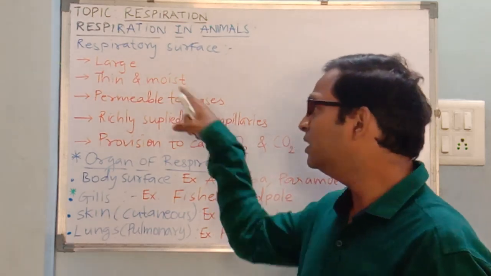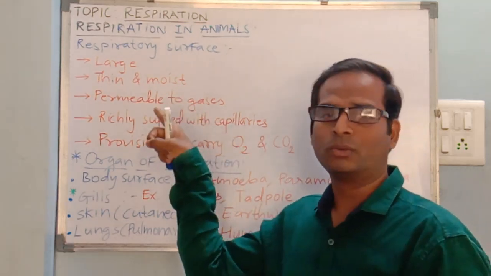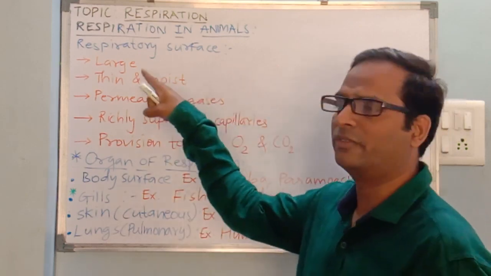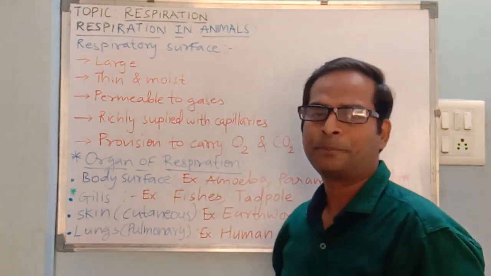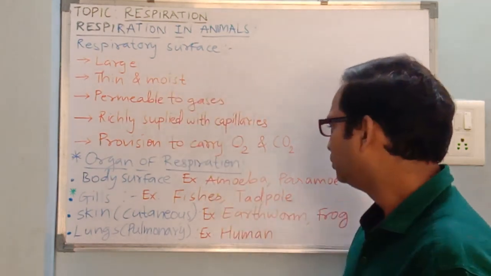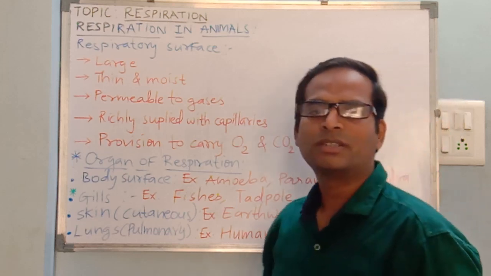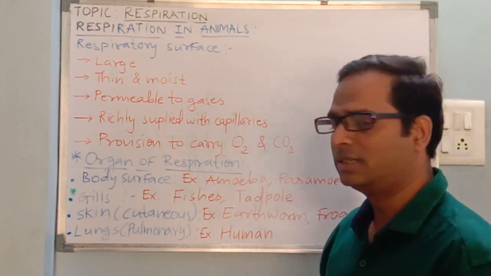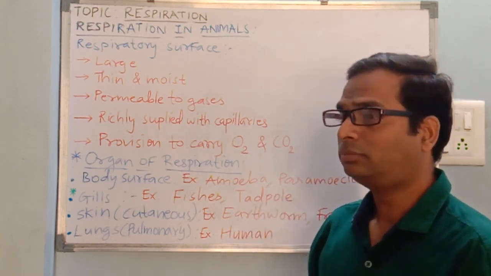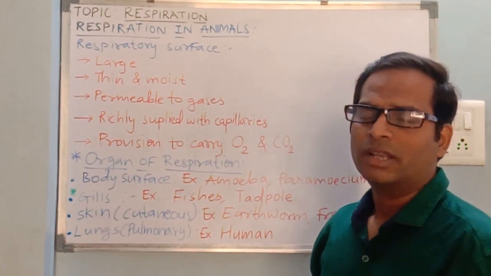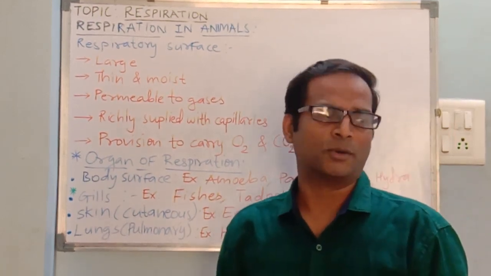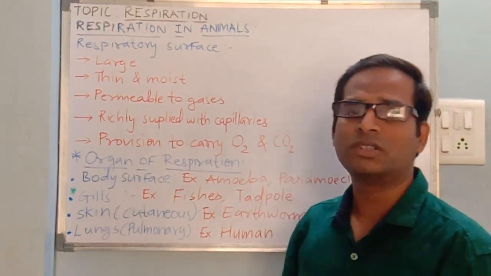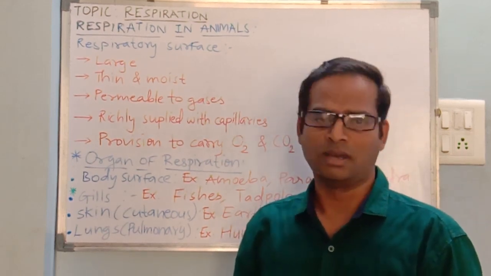This is one of the questions I have sent you in the assignment: what are the characteristic features of any respiratory surface? The answer is here. Now, one more question you will come across while solving your assignment is about respiration in water and respiration in atmosphere, or why the rate of respiration is faster in fishes compared to terrestrial animals.